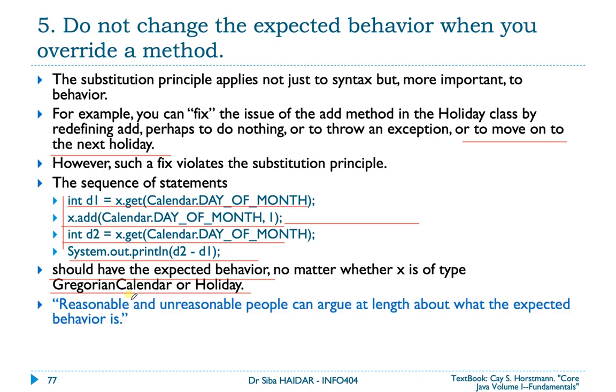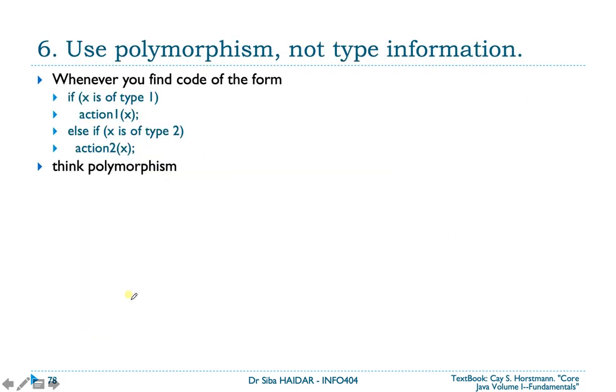Reasonable and unreasonable people can begin to argue at length about what is the expected behavior, but nevertheless, don't do this. Don't use inheritance in order to change the logic of the class.